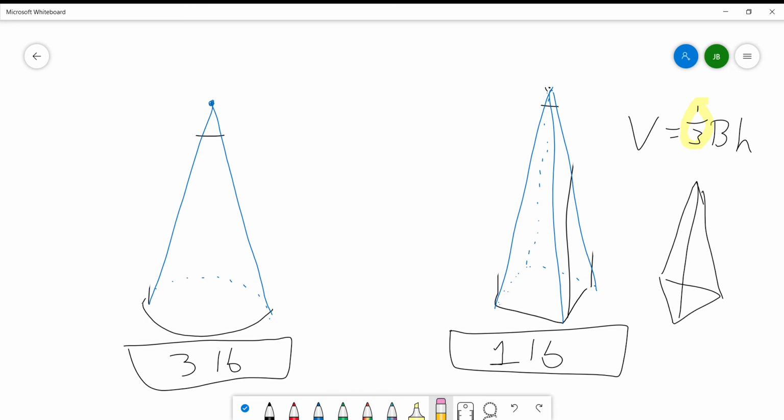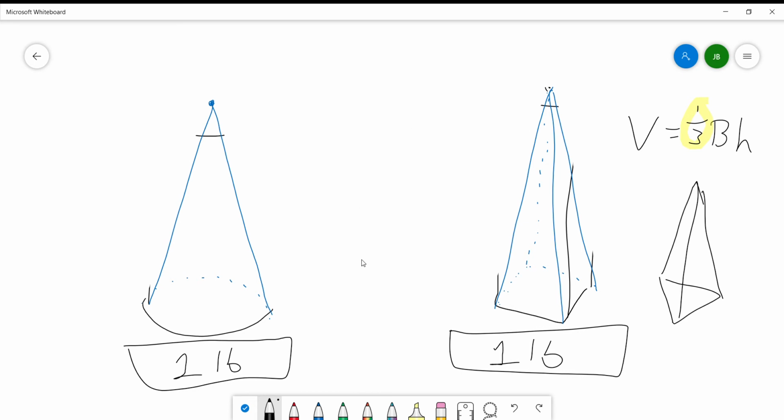So your newly formed shape is only 1 pound. So once again, this formula is the same for a cone or a pyramid. It's 1/3 the base times the height.